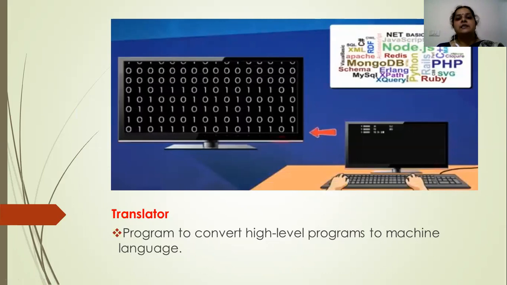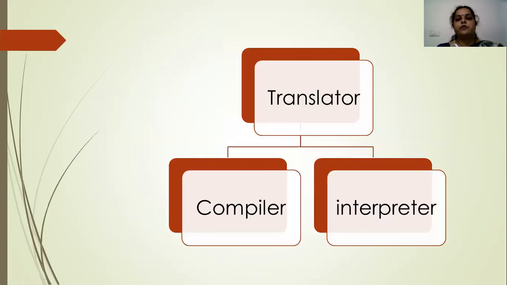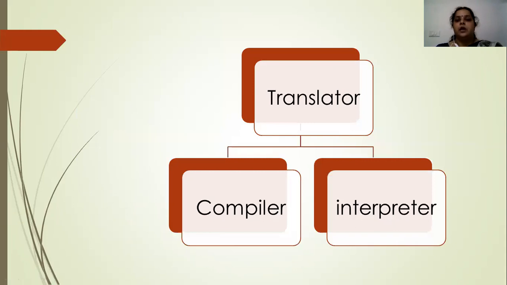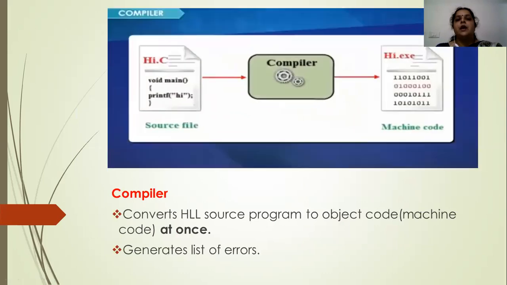Now, the translators are actually of two types. One is compiler and another is interpreter. There is a simple difference between the two. Both of them convert a high-level source program to object code, which is known as the machine code. Both are doing the same thing.